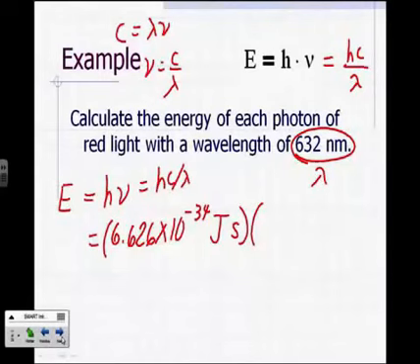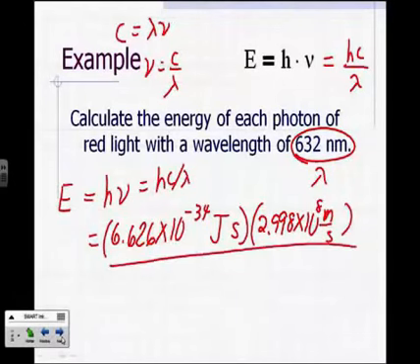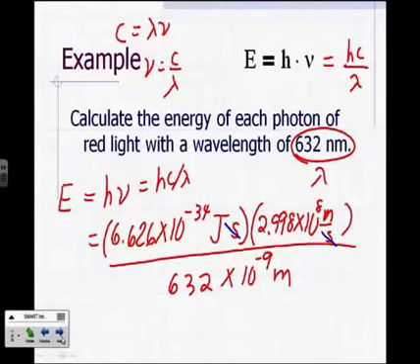What's the value of the speed of light? It's 2.998 times 10 to the 8 meters per second, divided by lambda, which is 632 nanometers. Nano is 10 to the negative 9 meters. Seconds cancel out, meters cancel out, so that gives you joules.